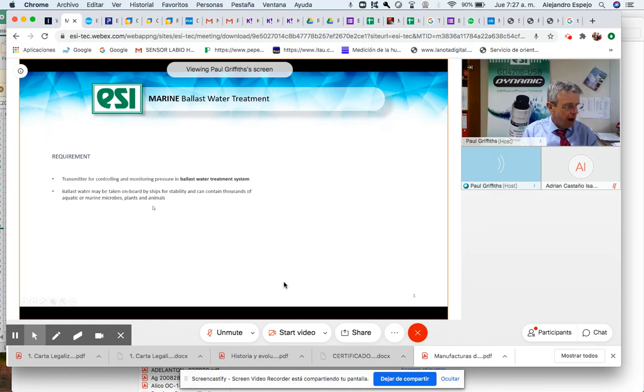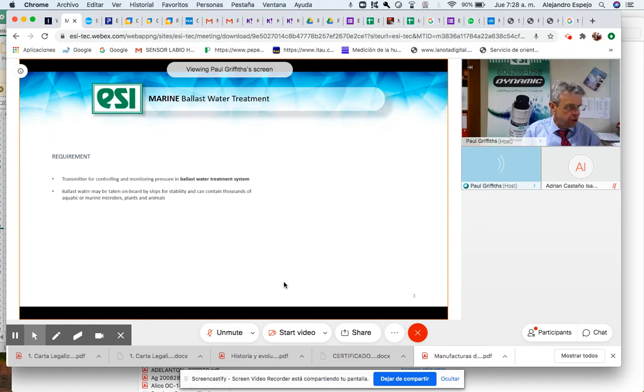Now the background is that obviously ballast water in ships is used for stabilization of the ships, and as the ships travel around the world, they take on board water, seawater from one port, and they may discharge that water somewhere else in another part of the world.